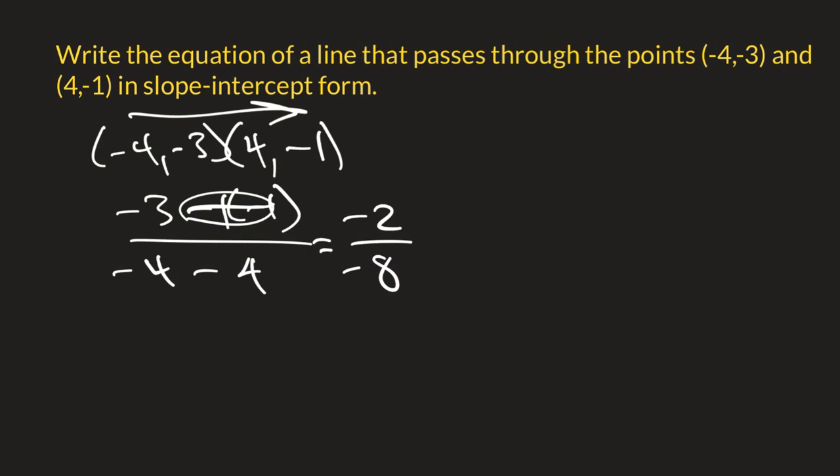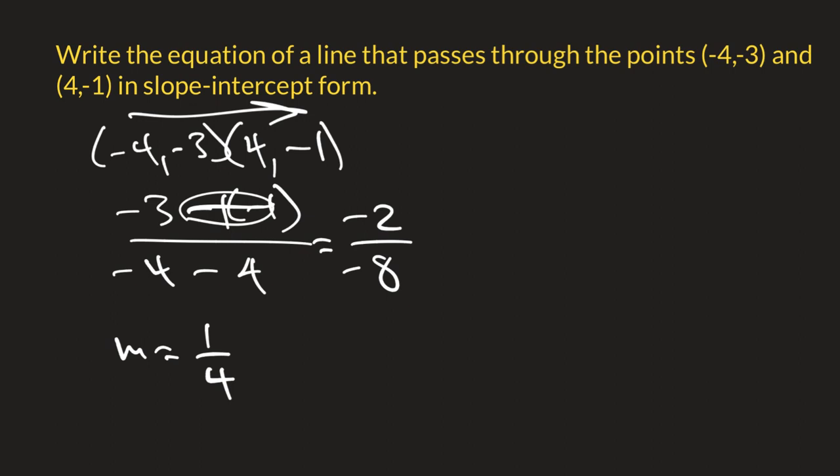Well, now what? Look at this. -2 over -8. If you reduce that fraction, if you divide both those numbers by 2, what do you get? You get 1 over 4. Your slope is 1/4. Okay? Smaller numbers on the top, so it's going to be fractional.